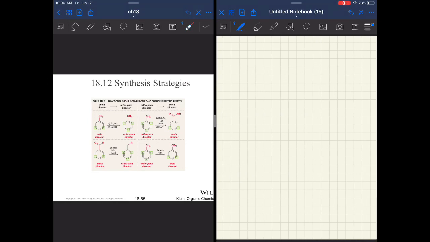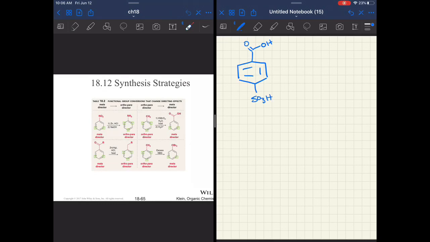Another one that I really love to use, here we go, is something like this. Let's say we want a benzoic acid derivative. And let's put, well, we haven't looked at that one in a bit, so let's put a sulfonyl down here.